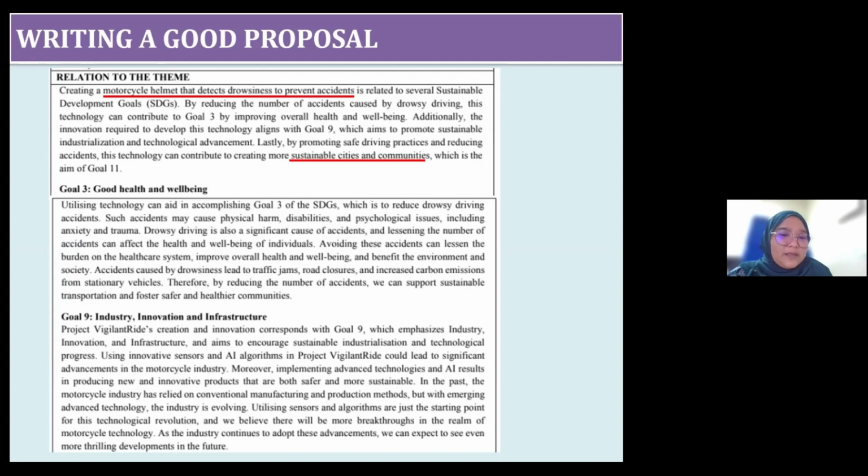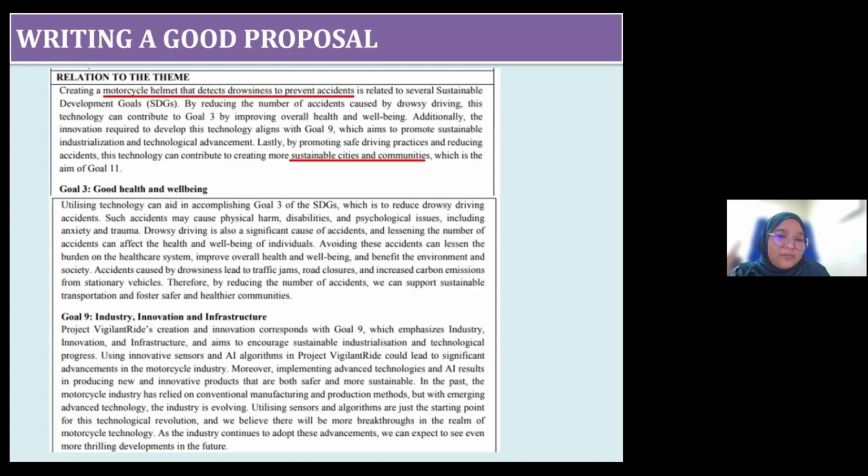Goal number 9 is industry, innovation and infrastructure. This is because they integrate technology for the detection of drowsiness while driving or while wearing the motorcycle helmet. So it's much more about infrastructure and industry. They are implementing advanced technology and AI results, so it's much more about new innovation or new technology in the industry.